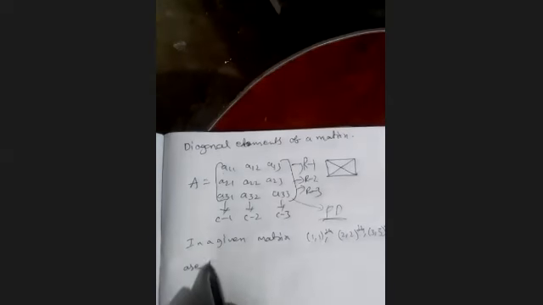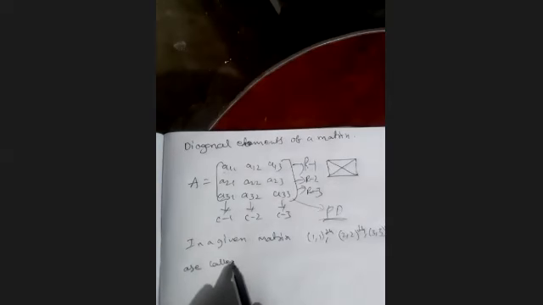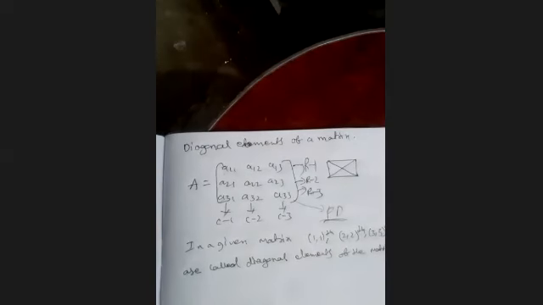What elements we have in these places are called diagonal elements of the matrix. I think you understood.